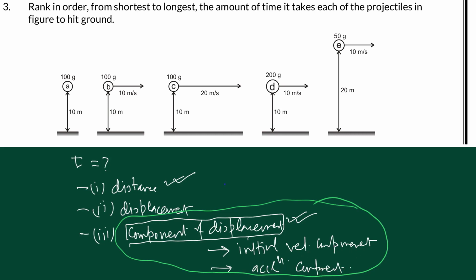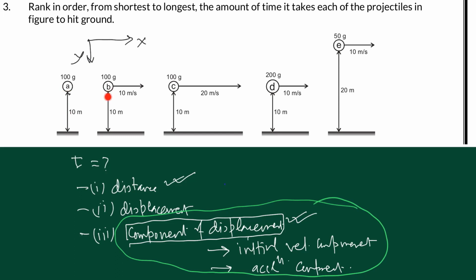So come back to this problem in hand. Let me first define the x-axis and y-axis for every case. I am showing it here. This is the x-axis, downward I am taking as the y-axis. Now, figures A, B, C and D. What you find is that displacement along the y-axis is the same, 10 meter.